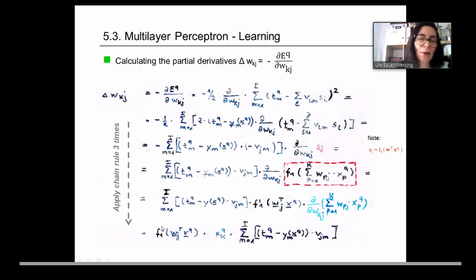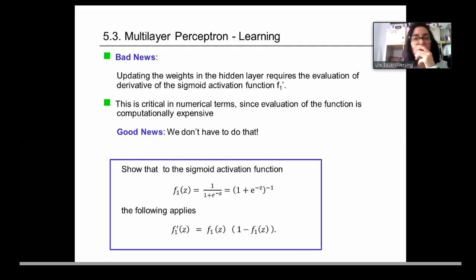We have to evaluate the derivative f prime of the sigmoid transfer function. As I mentioned in the beginning, this involves evaluating an exponential function, and this is computationally very expensive.